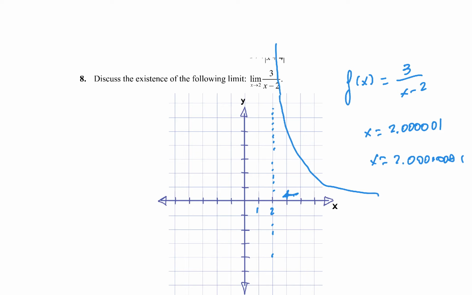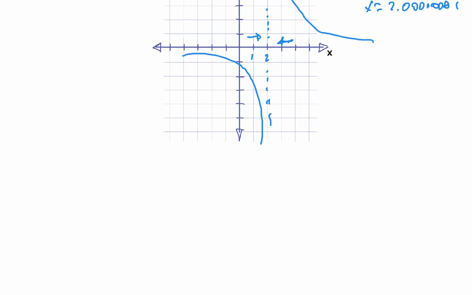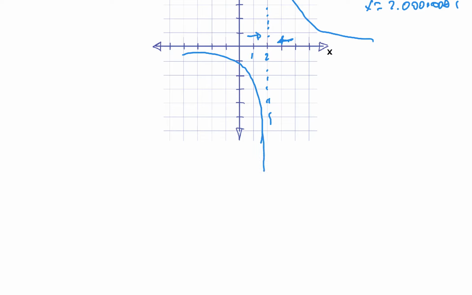But with this function especially, there are 2 things. If you are approaching from the left, the function will approach a negative number. It will do like this. And as you approach 2 minus, meaning 2 from the left, you will go to minus infinity.